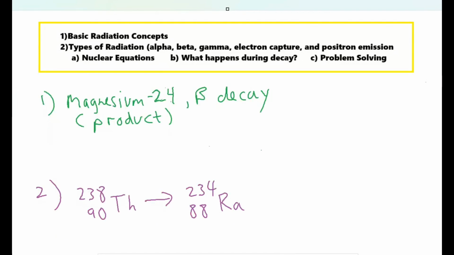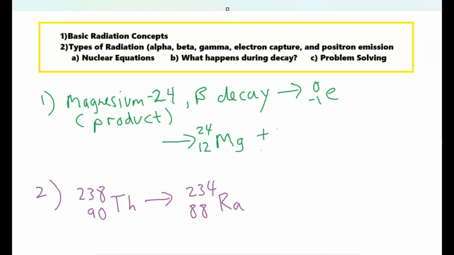All right, so for our first one, we got magnesium 24 as a product that has undergone beta decay to get that product. So we have magnesium on our product side, that's over here. And we know it has a mass of 24. We can go ahead and hunt down magnesium on the periodic table, and it is number 12. All right, now if it undergoes beta decay, remember a beta particle is when something releases an electron and then converts a neutron into a proton.